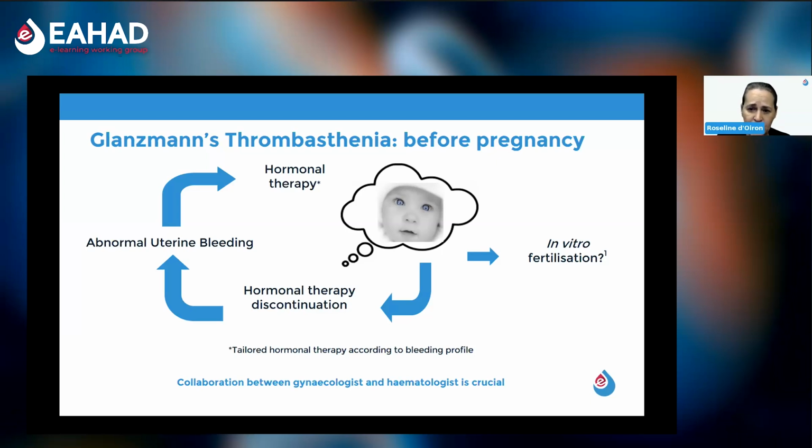But as they are doing quite well, there is always one day when those women would also like to have a pregnancy, and hormonal therapy discontinuation may lead again to a resumption of abnormal uterine bleeding. So it is sometimes very difficult to obtain a pregnancy because of this vicious circle. This is why sometimes in vitro fertilization or different approaches could potentially be discussed. What is important here is to note that the collaboration between the gynecologist and the hematologist is really crucial.